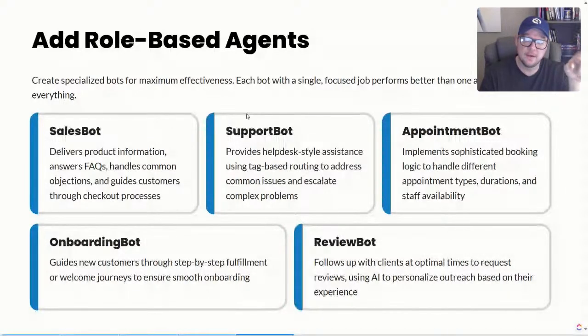The same thing can happen with support though. If you have a support bot that is coming through, you can have that support bot send appointments to a support appointment bot.